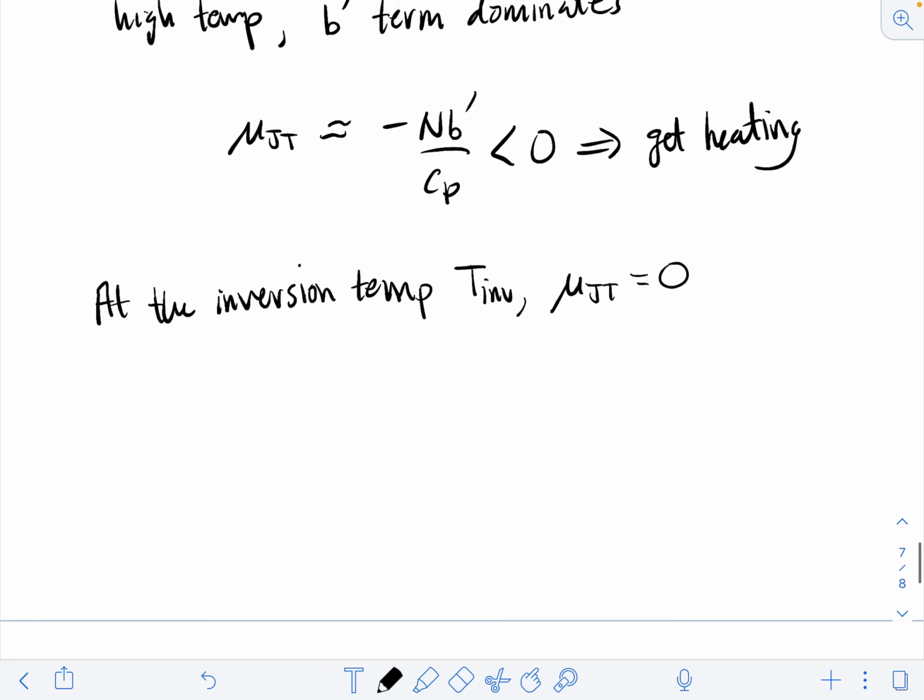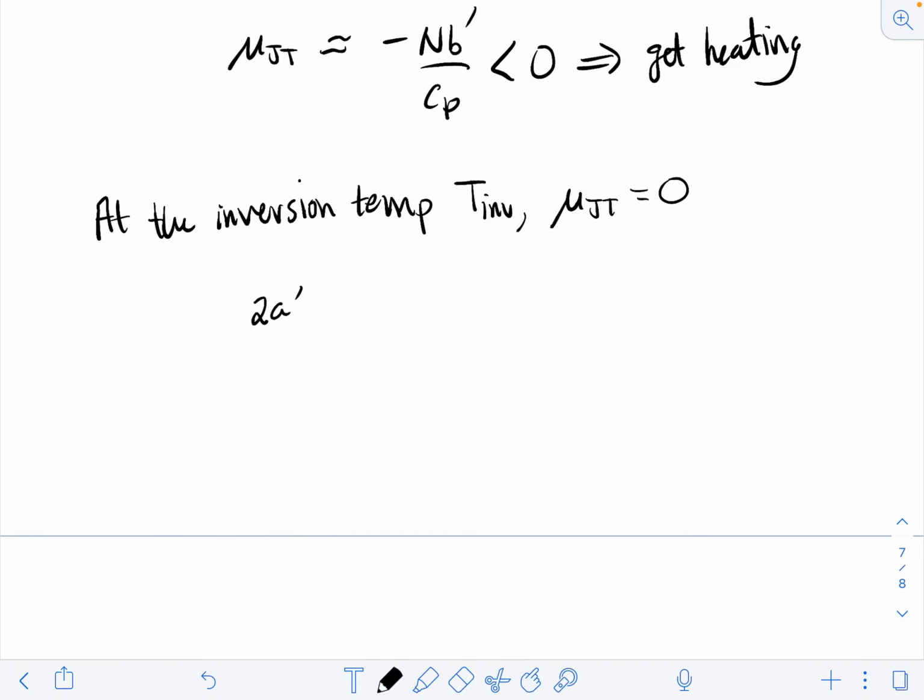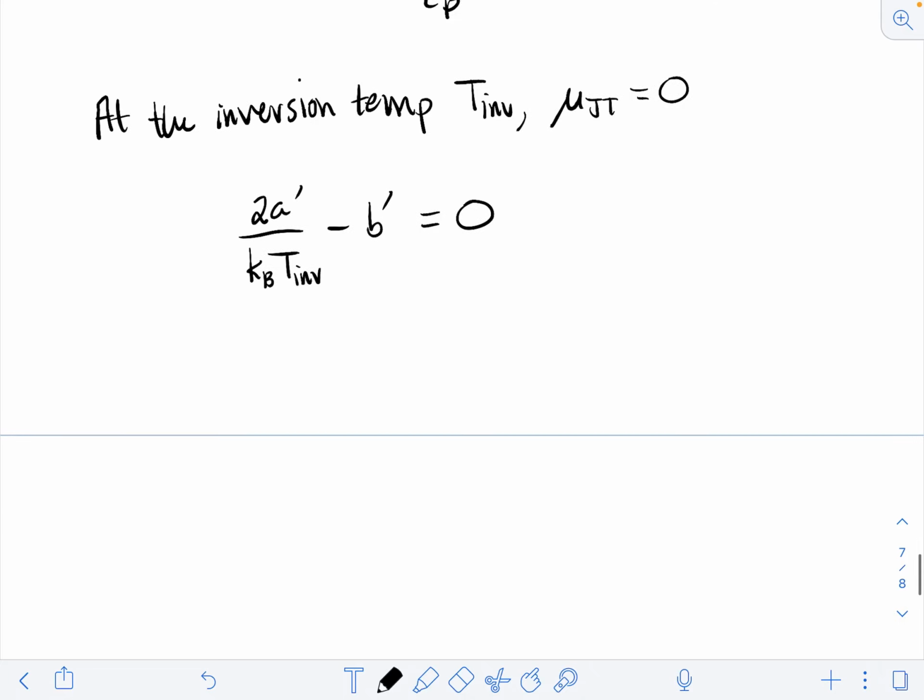This occurs when, let's see, 2A prime over k_B T inversion minus B prime is equal to 0, and therefore T inversion is equal to what? It's 2A prime over k_B B prime.